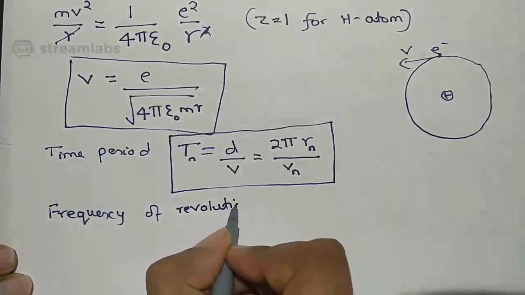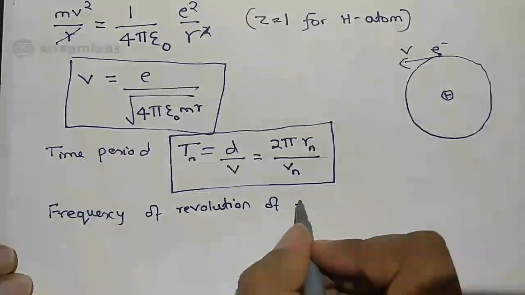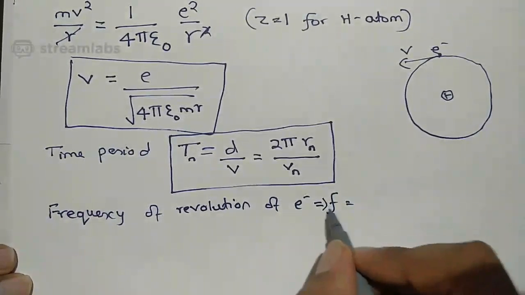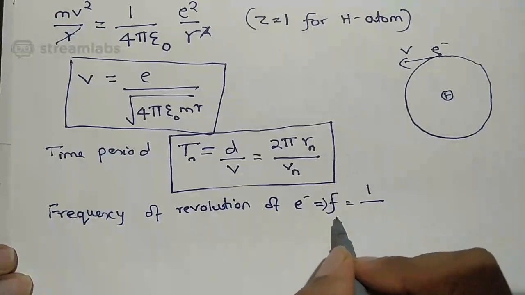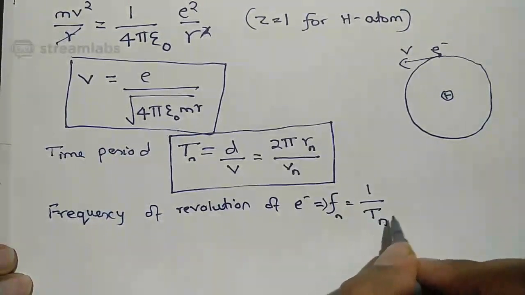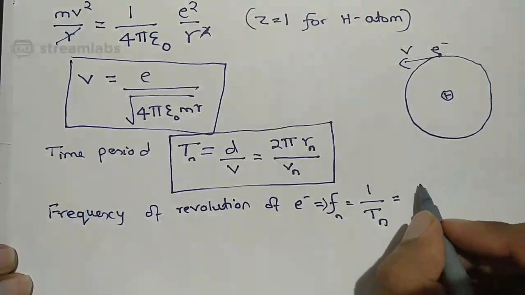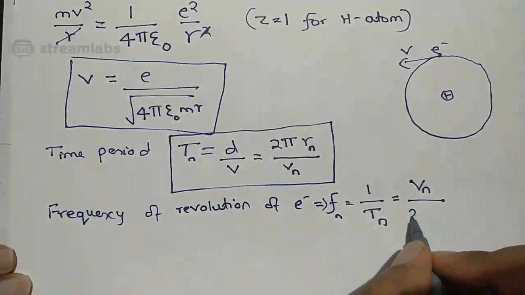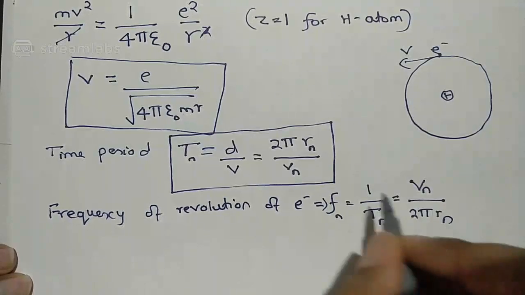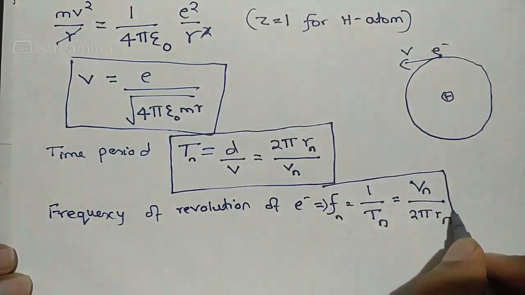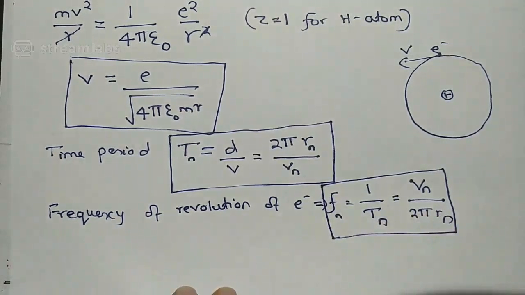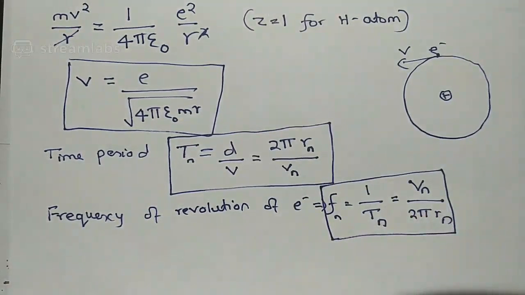So frequency of revolution of the electron, f, which is equal to 1 by Tn. What is 1 by Tn? That is Vn divided by 2 pi Rn. So this is the expression for frequency of the electron in the nth orbit. That means how many rotations.